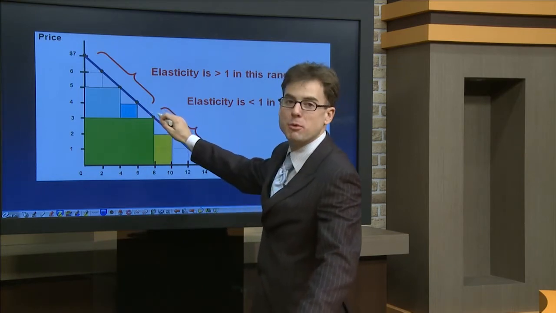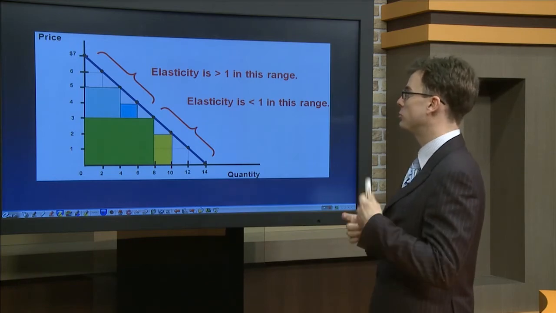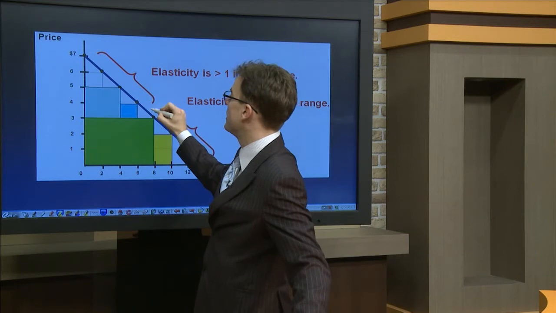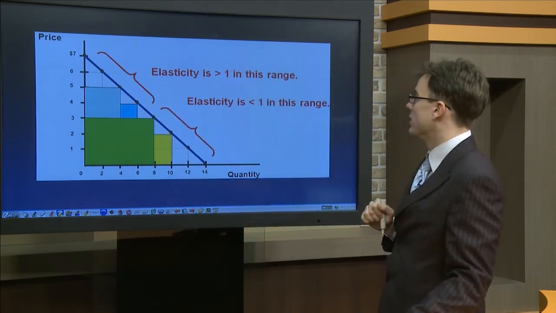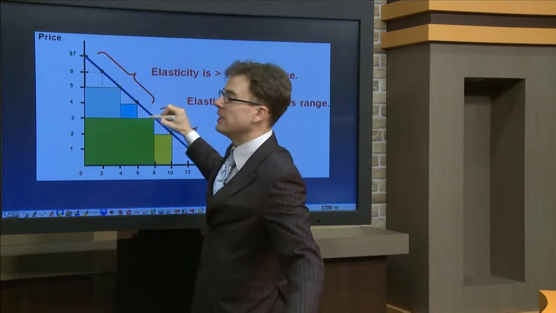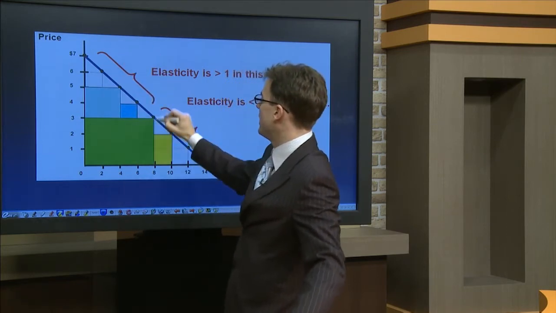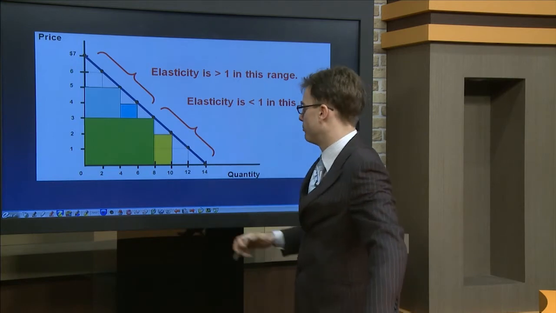Exactly in the middle of this demand curve, we will have unit price elasticity of demand, which means price elasticity of demand equal to 1. Above this midpoint, price elasticity of demand will be greater than 1. We will say that the demand for this product is elastic in this region, and it is inelastic in the region below the midpoint.